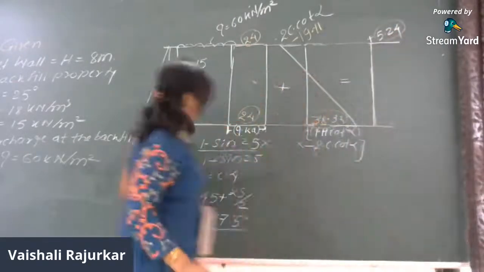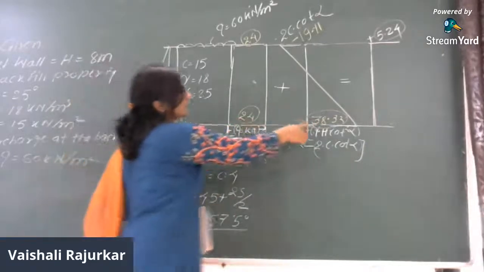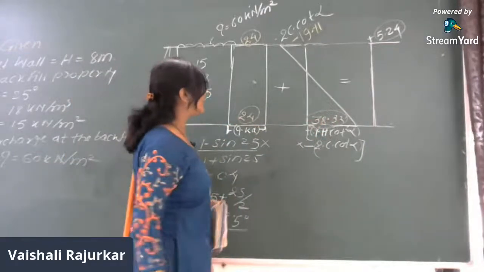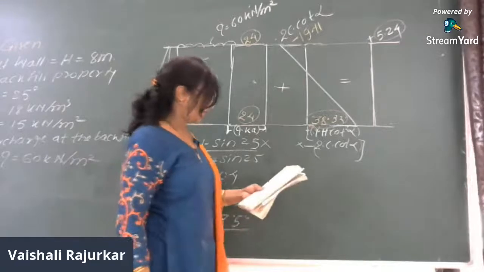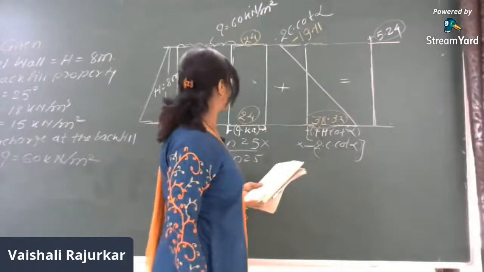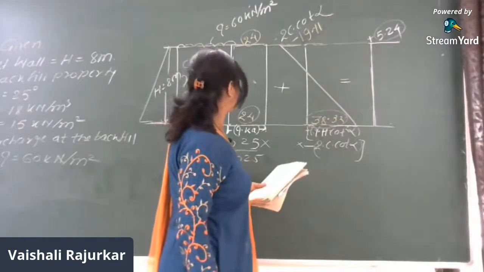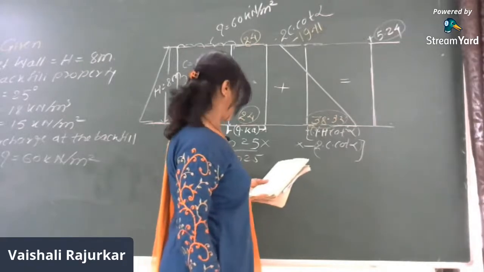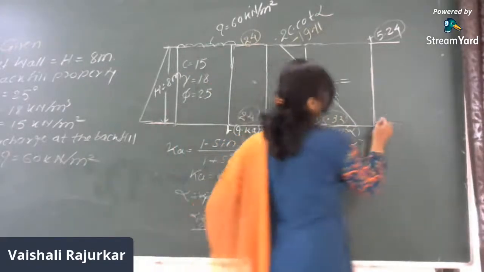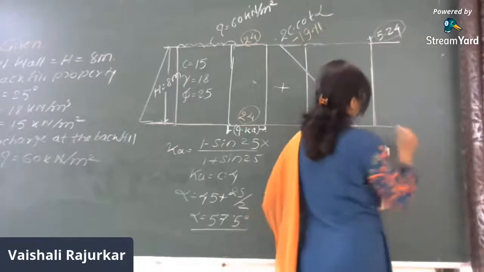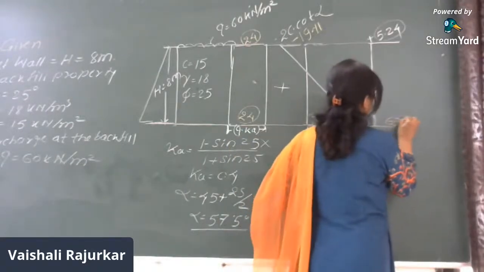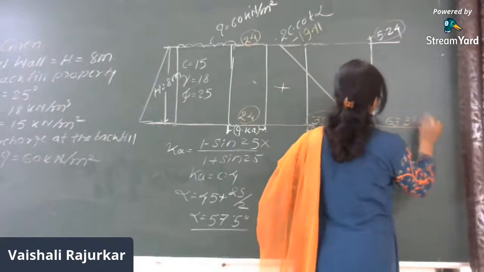Then again we'll add this 24 plus 38.33. So it will be 63.38. This is the positive.